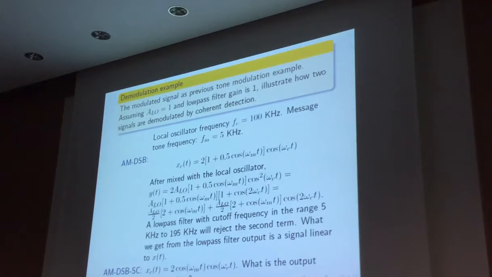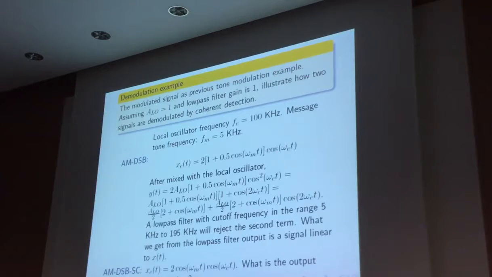Now we expand this product. We have a cosine omega_m t plus cosine omega_m t multiplied with this one. Right? So we know that this is a low frequency signal, a message signal, multiplied with a high frequency signal, a carrier signal. So it's going to be another DSB-SC modulated signal, right?